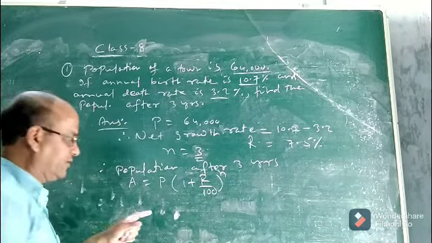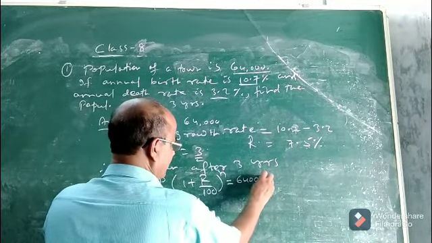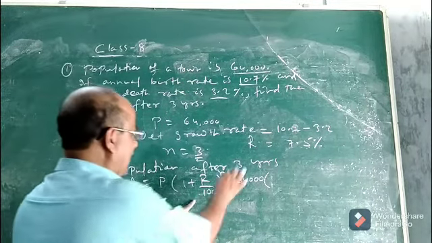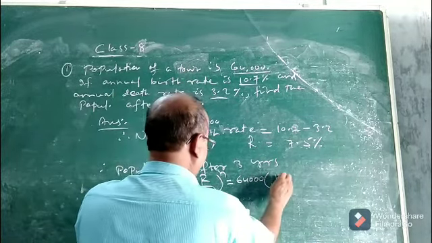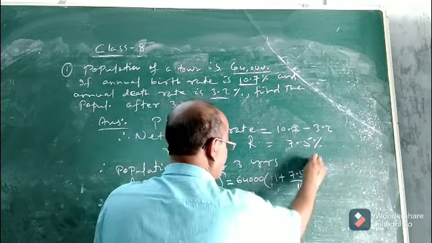Now you put the values. P is 64,000, the present population of the town, and R is 7.5. So A is 64,000 into (1 plus 7.5 by 100) whole to the power 3.